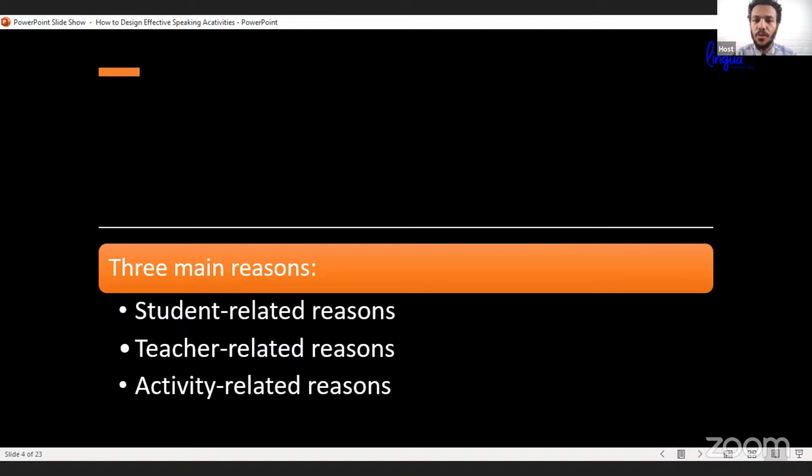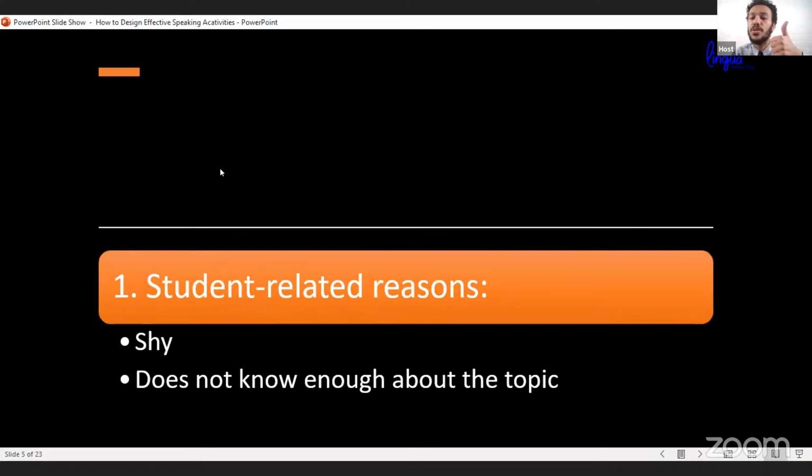If things aren't going well in a speaking activity and it's from the student side, that might be related to whether the student is shy or not confident enough to speak and share his or her knowledge with the rest of the class and the peers, or he or she doesn't know enough about the topic to speak about.